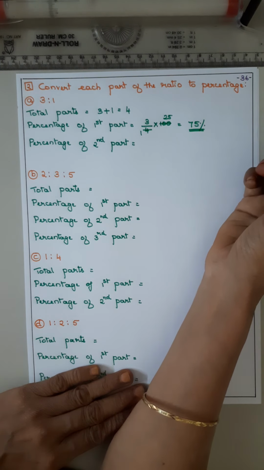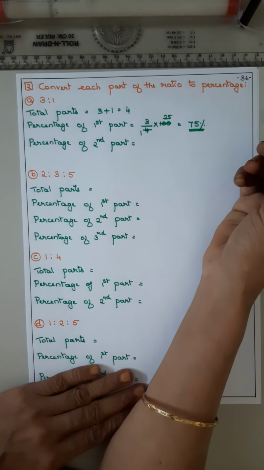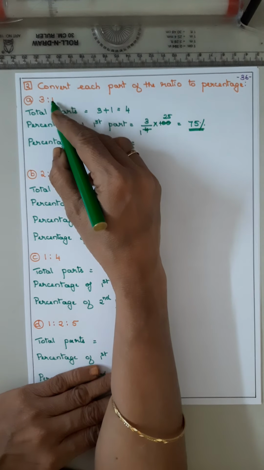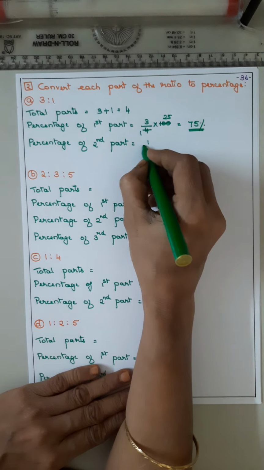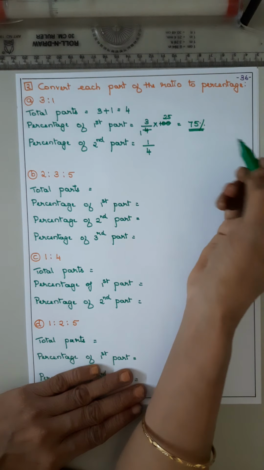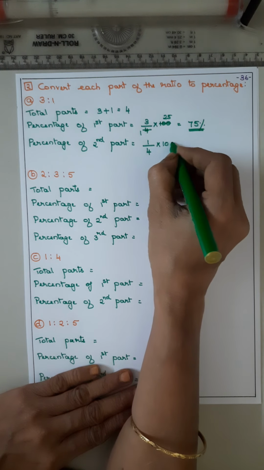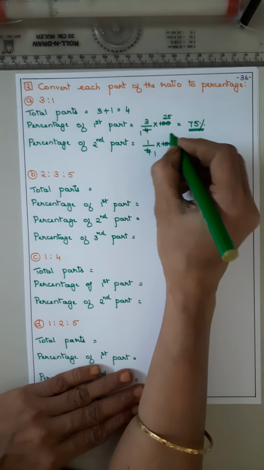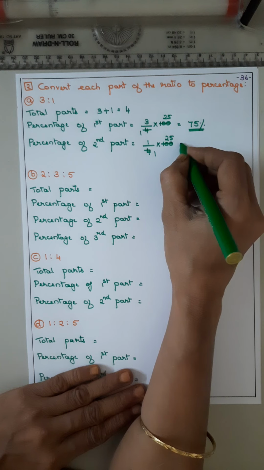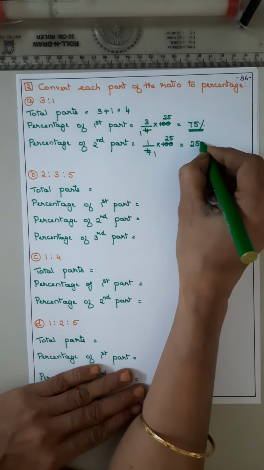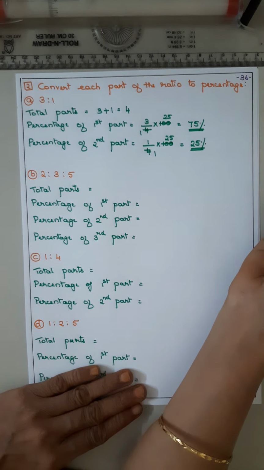Now second question is percentage of second part. So second part is how much? 1. Total number of parts is 4. So you get the fraction 1/4 into 100. 4 1s are 4, 4 25s are 100. That is how you got 25%.